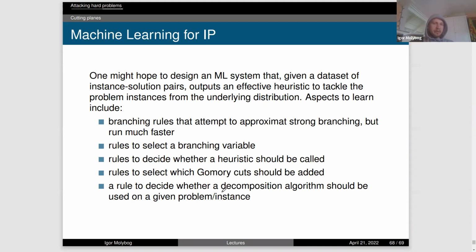For example, select the branching variables, or decide whether a heuristic is usable or not, or whatever of the billions of decisions that are being made in the integer programming software, all of them can be made by artificial intelligence that is tuned to be adapted to a particular application, and that can reduce the complexity of the solution of mixed integer programming problems by a lot.